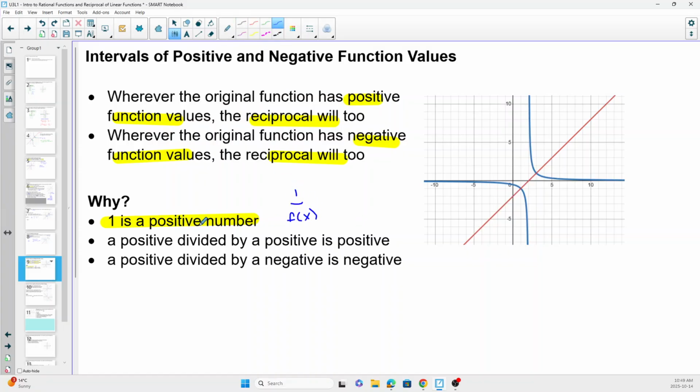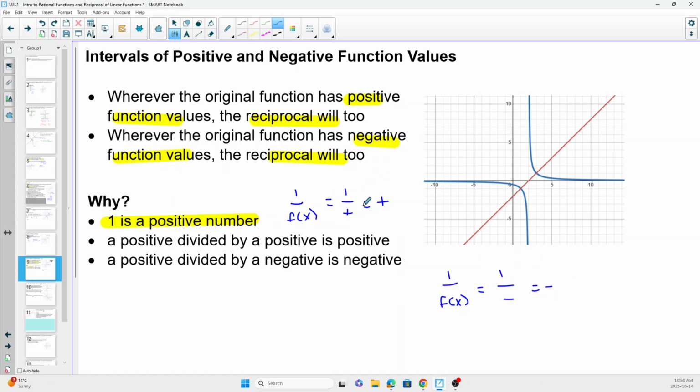1 is a positive number, so if the original function value was positive, and 1 is positive, the reciprocal is going to be positive. If the original function value, so 1 over f at x, for some x value had a function value that was negative, 1 over that negative is also going to be a negative.